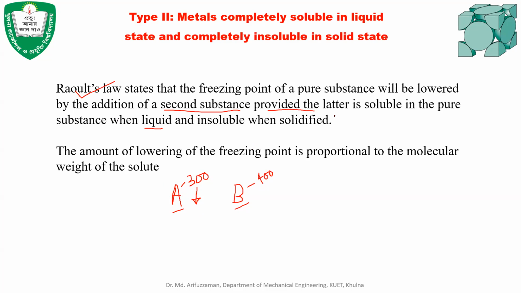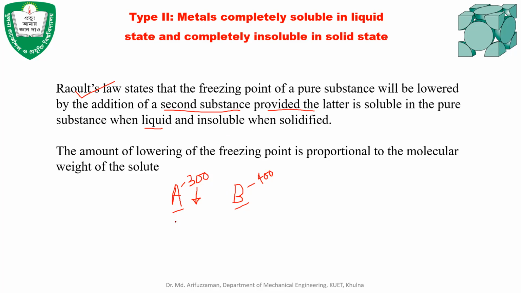Okay, the condition is that firstly, in the liquid state, when A and B are both liquid, B will be completely soluble in A. It will be a solution. And after addition of B, when this system solidifies, in the solid state B will not be soluble in A anymore.